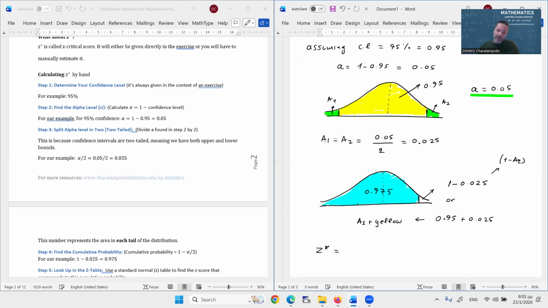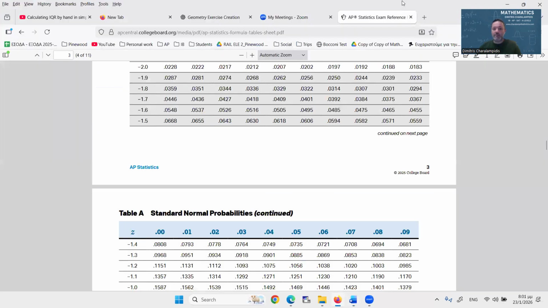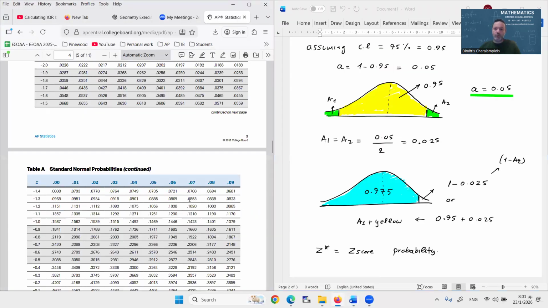Now, the Z critical will basically be the Z-score that produces this probability. So, let me bring the maps here. I will go to the provided tables of Z-scores, and I need to search the Z-score that gives us a probability of 0.975.